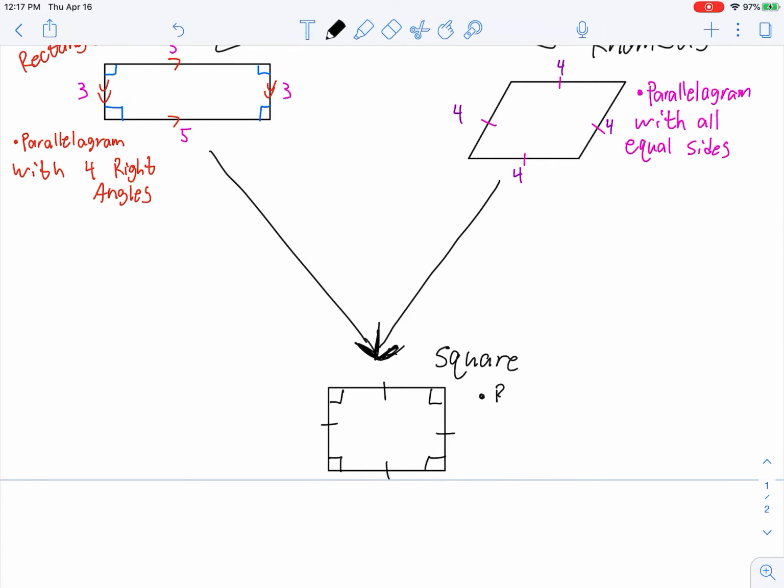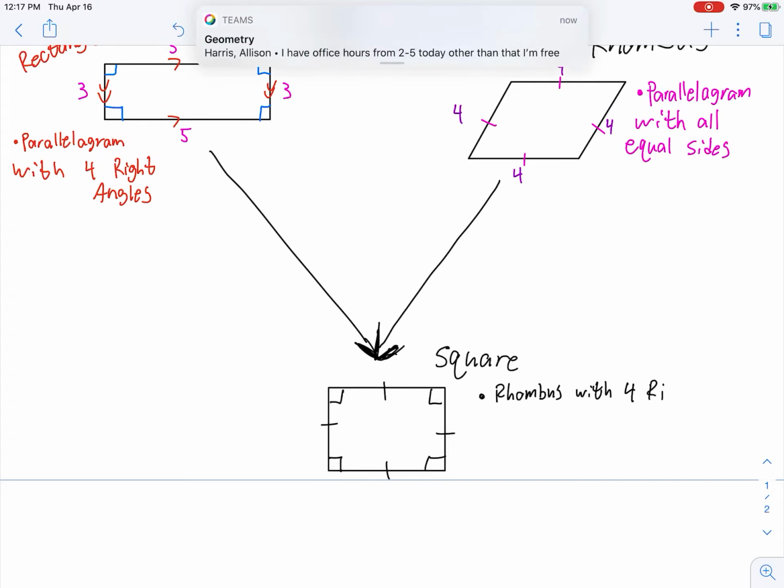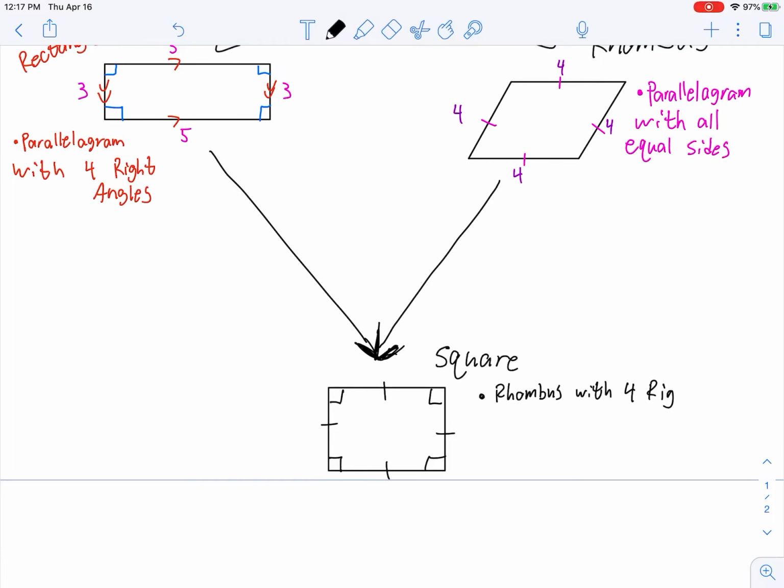So, you can describe this square two different ways. We can say that it is a rhombus with four right angles, or you can say it is a rectangle with four equal sides.